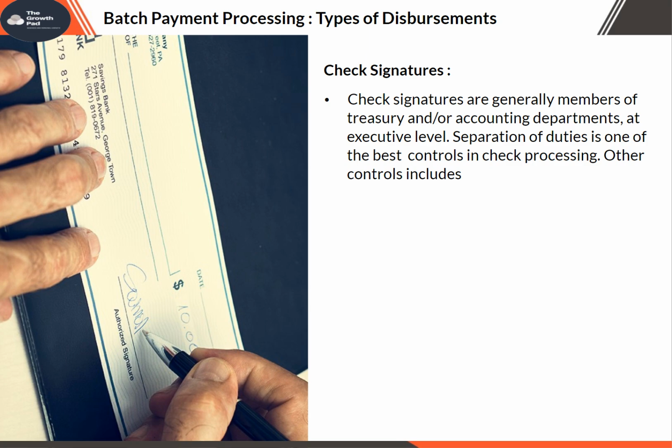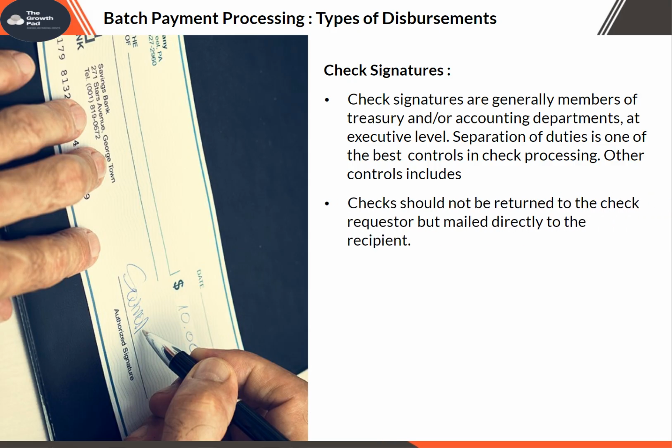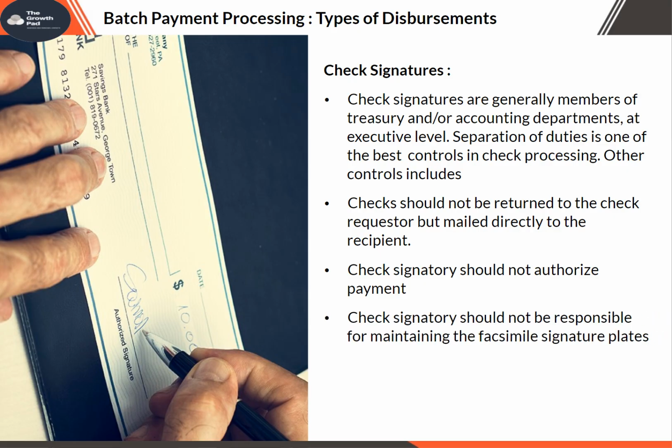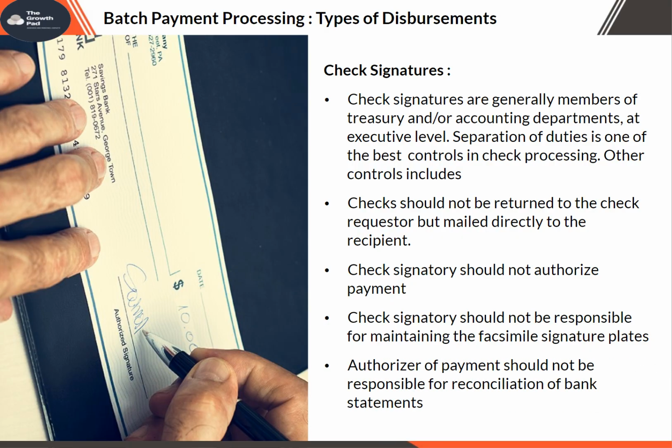Other controls include: checks should not be returned to the check requester, but mailed directly to the recipient. Check signatory should not authorize payment. Check signatory should not be responsible for maintaining the facsimile signature plates. Authorizer of payment should not be responsible for reconciliation of bank statements.